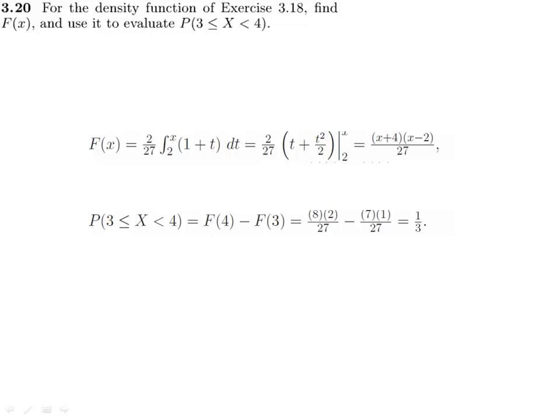So once you have the cumulative function, in order to evaluate the probability, you just have to plug in the limits for the problem, right? You don't have to integrate anymore. You already integrated. You have the cumulative function already defined. So what you need to do is just plug in those limits into the function to find that probability.